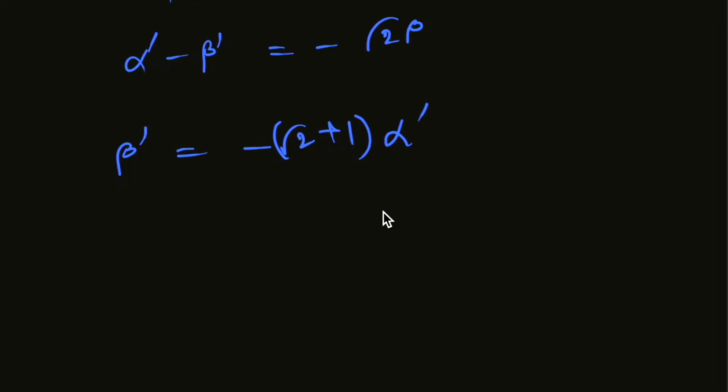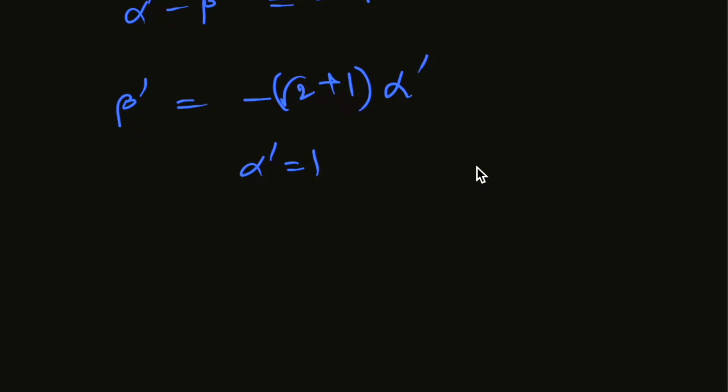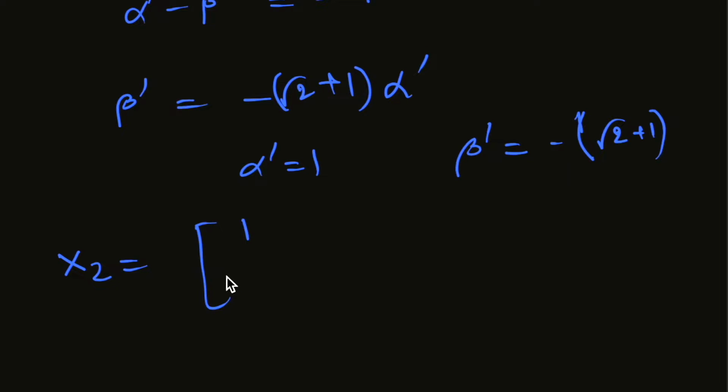If we put alpha prime equal to 1, we get beta prime equal to minus (root 2 plus 1). That means the eigenvector corresponding to the eigenvalue minus root 2 A will be (1, minus (root 2 plus 1)).